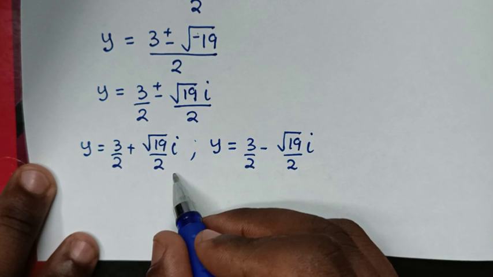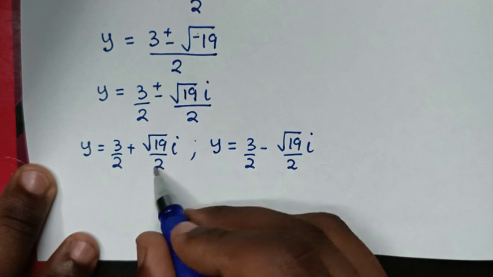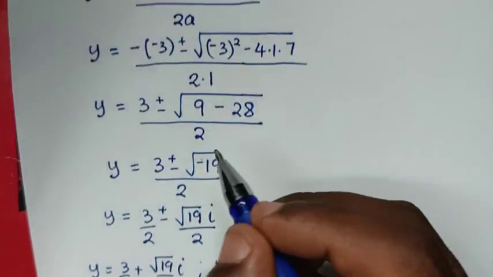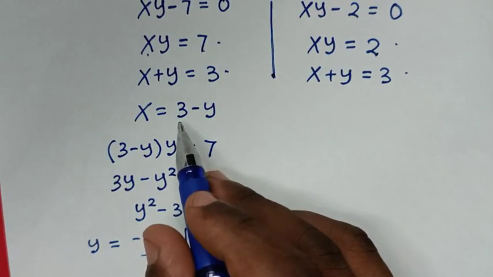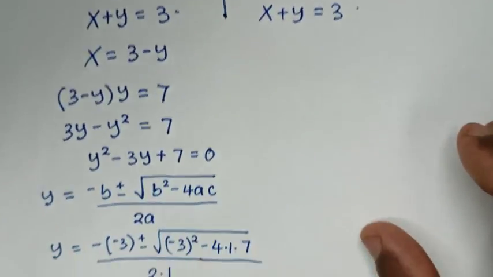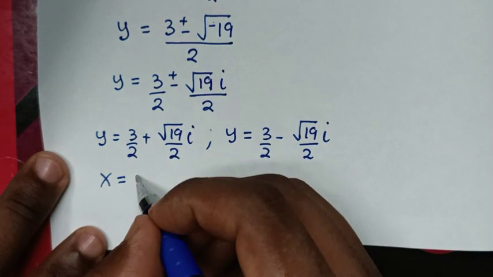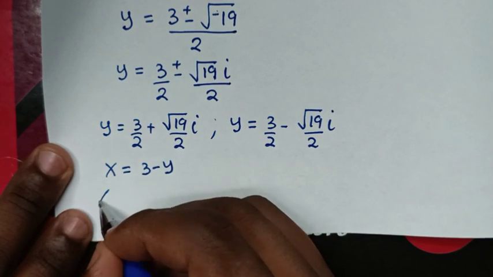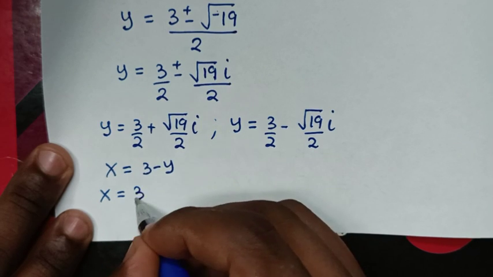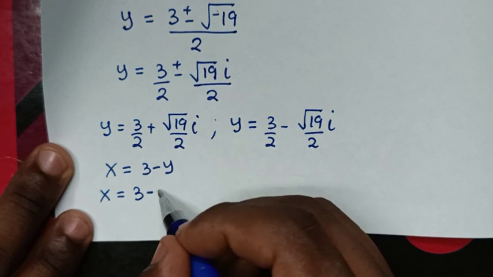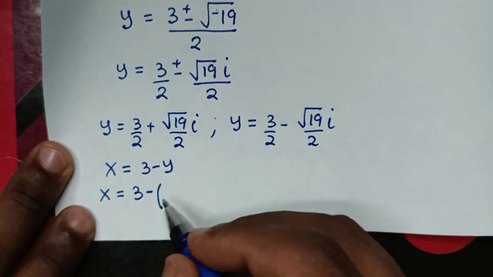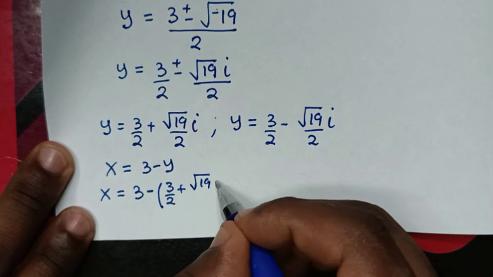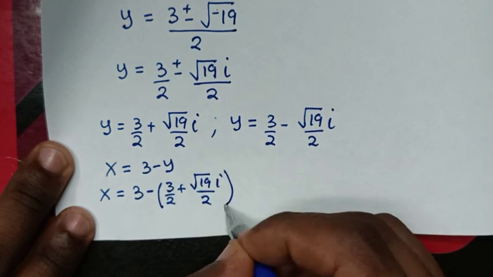Then from here, to find the values of x for these two values of y, we recall x is equal to 3 minus y. So x is equal to 3 minus (3 over 2 plus square root of 19 i over 2).